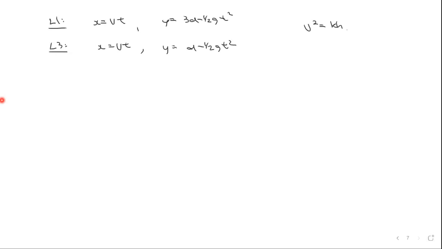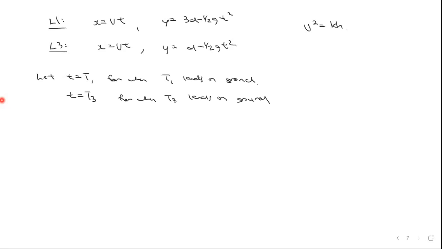So at a particular time t, let's call T1 the time when leak 1 lands on the ground, and let T equal T3 for when leak 3 lands on the ground, because we don't know if it's the same time or not.